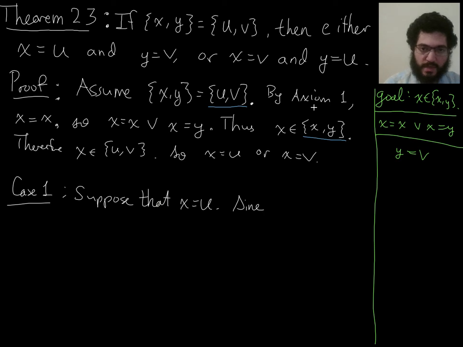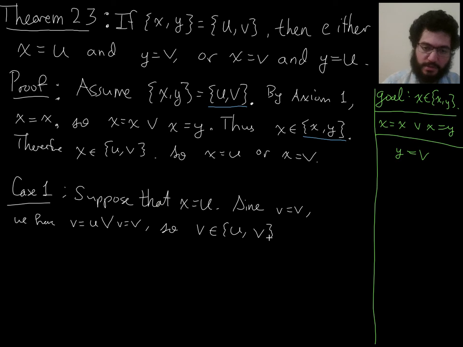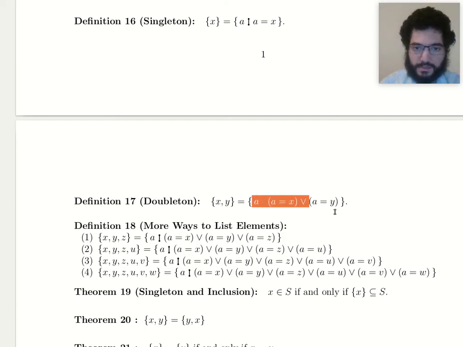So let me make this argument, but now faster. Since V equals V, we have V equals U or V equals V. So V must be in the doubleton UV using the membership condition for doubleton UV. So using this idea here again.